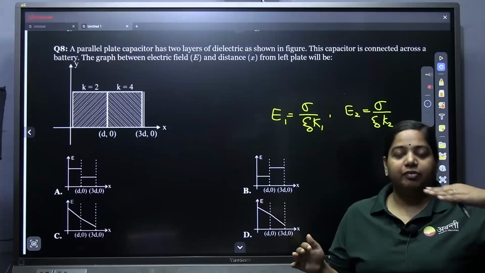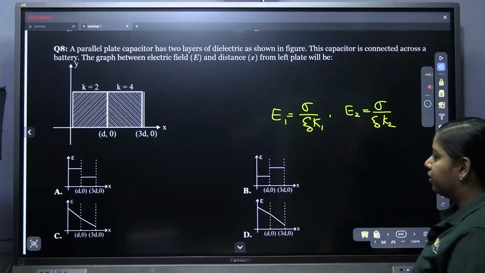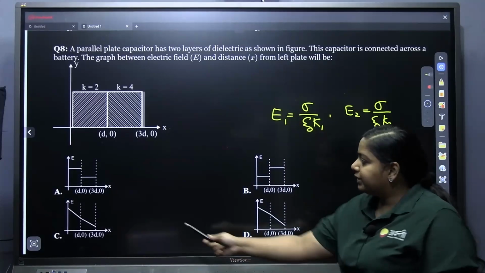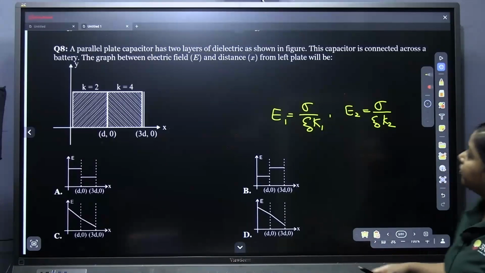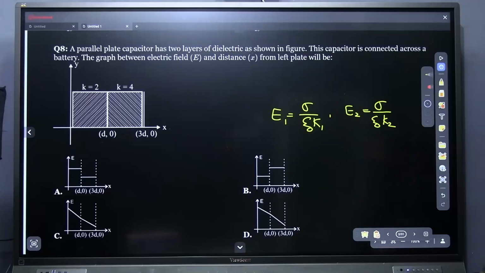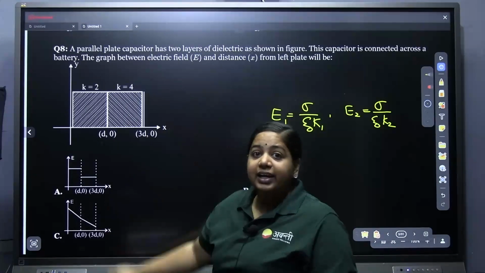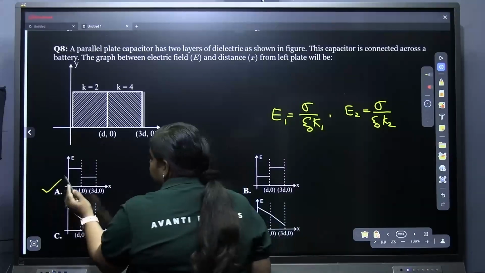So one electric field will be one constant value, another electric field will be another constant value. So we can eliminate C and D. The option will be either B or A. Okay, and it is given that K equal to 2 is less. K less means electric field will be more there. So answer will be option A.